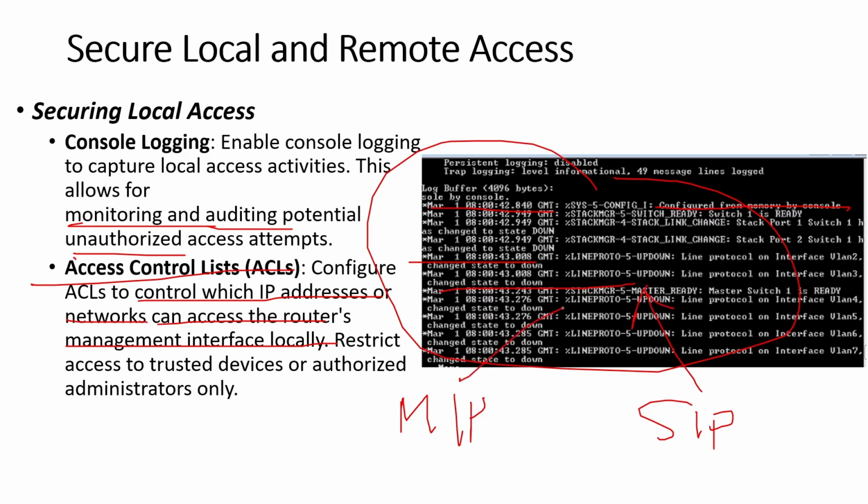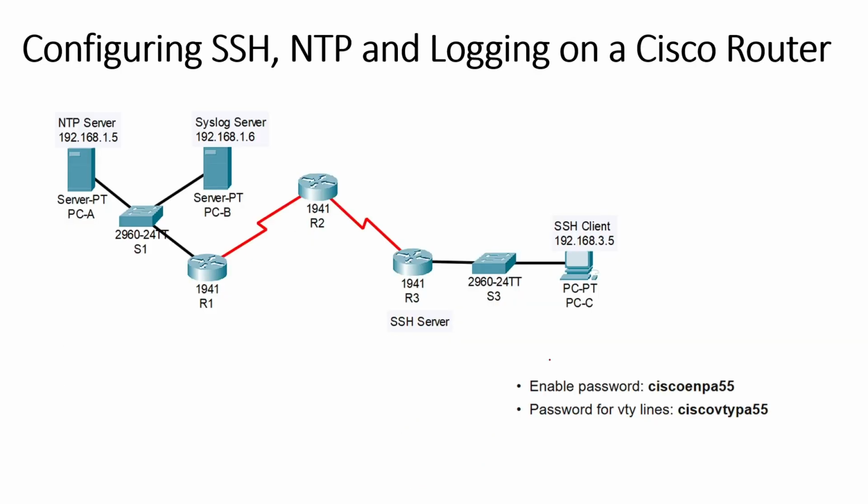This depends on the network administrator. If the admin is in a remote location, do you want to let him gain access to this router? That's a question to ask.